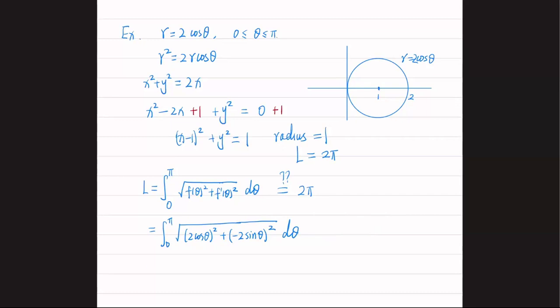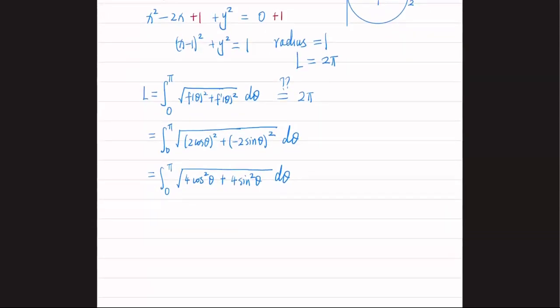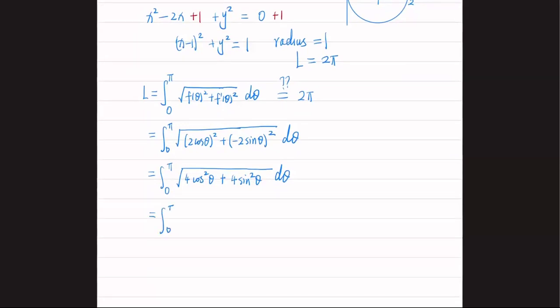Okay, so let's check from 0 to pi. Okay, what's the first square? 4 cosine square. Second square, 4 sine square. Okay, 4 cosine square plus 4 sine square, what do you have? Do you have 4? Okay, yes.